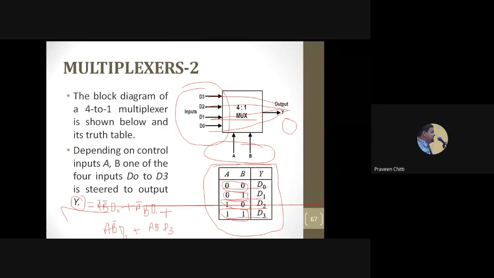Then you have to get these combinations of AND operation using 3 input AND gates, because there are 3 terms in each product. So how many AND gates do you need? 1, 2, 3, 4.